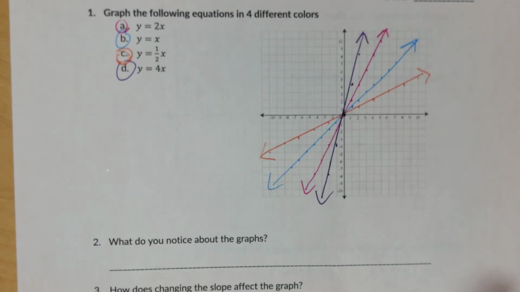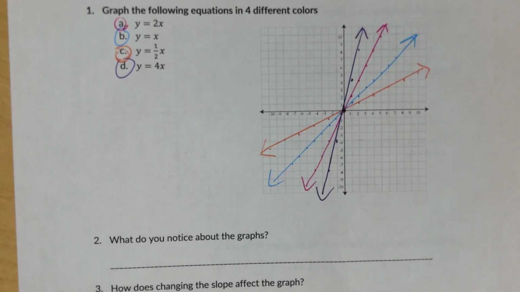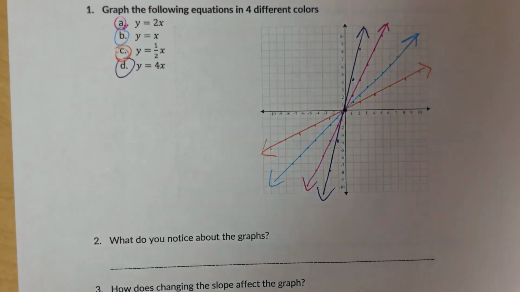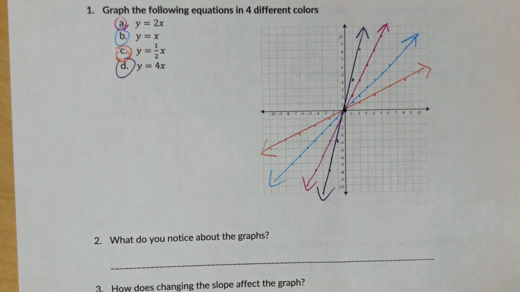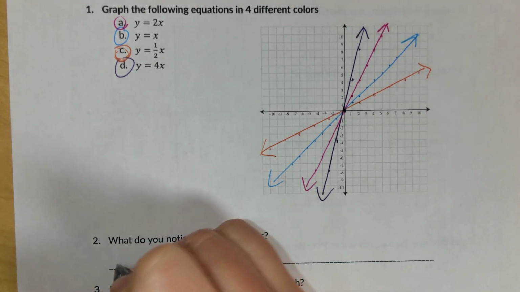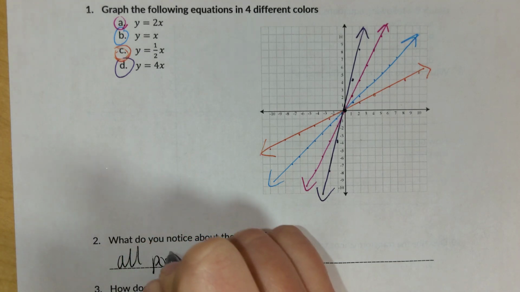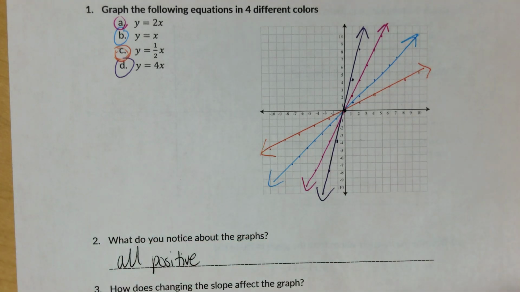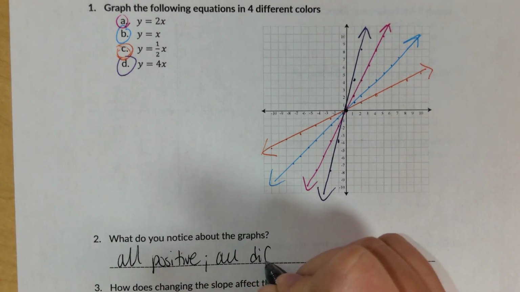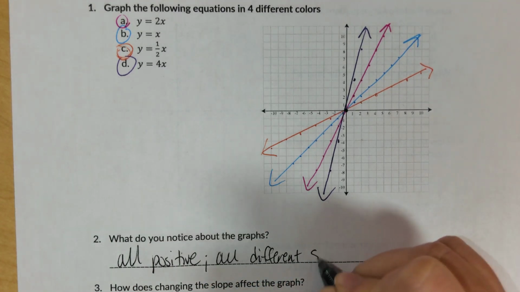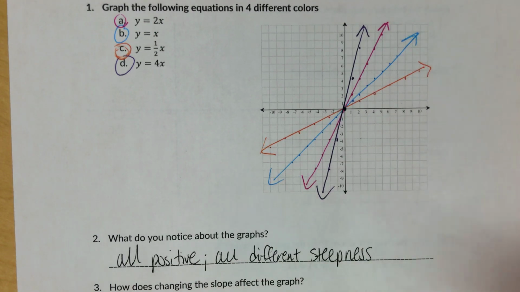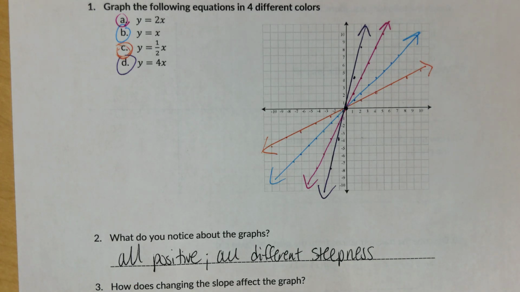Okay. All right. So the next question asks us to think, what do you notice about these graphs? So something that you might notice is that they are all positive slope. So they're all moving in a positive direction, but they're all different steepnesses.